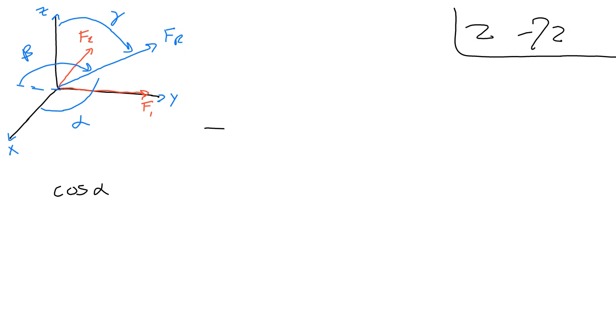Cosine alpha, I'll call it alpha 2, is going to be equal to the F2 x component divided by the magnitude.